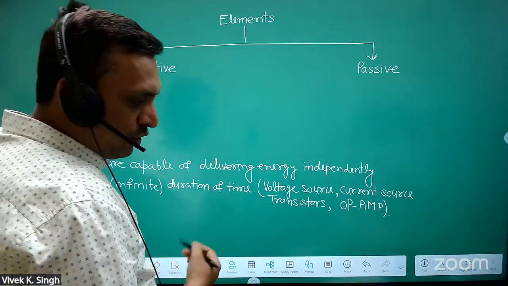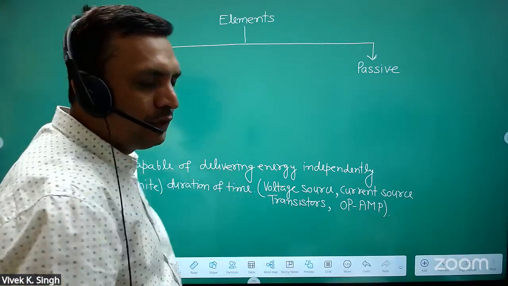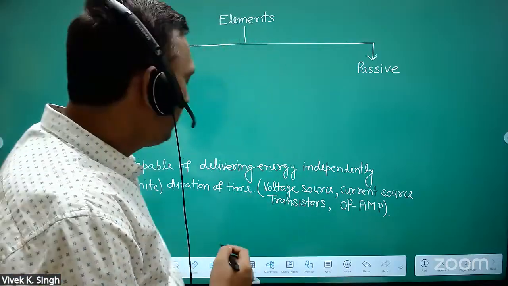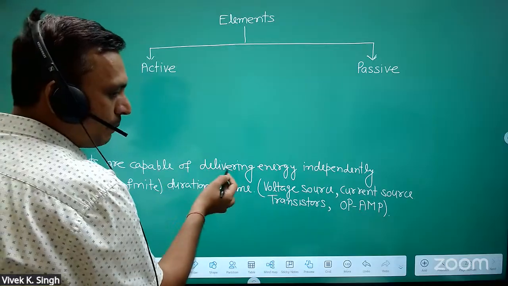And what are the passive elements? Passive elements are not capable of delivering energy independently for very long duration of time. So the only thing is it is not capable of delivering energy.